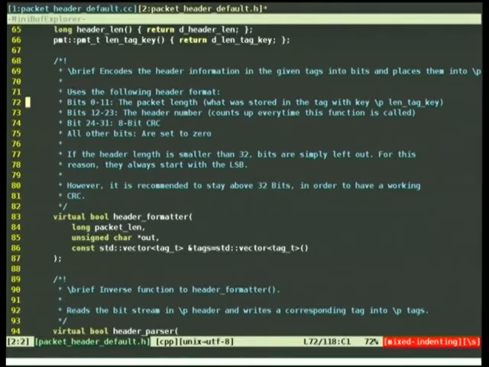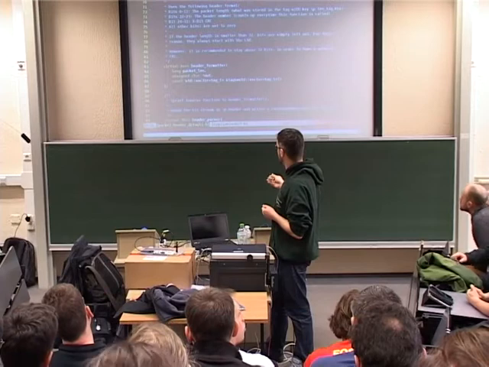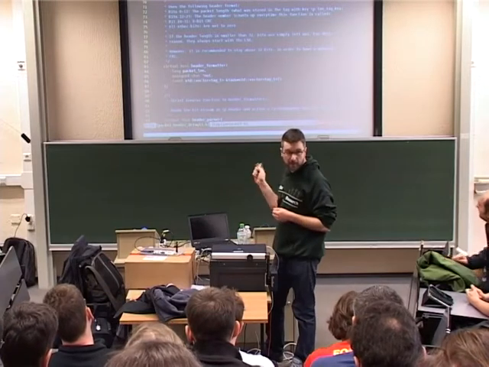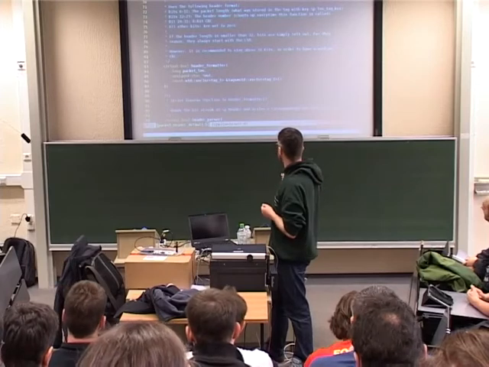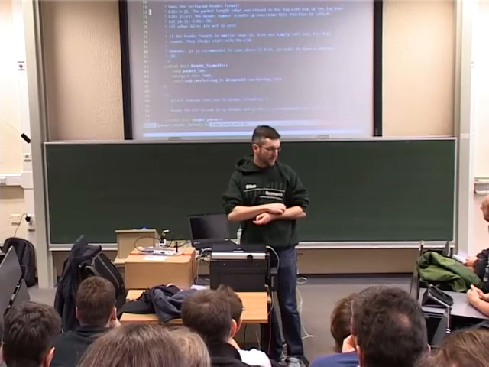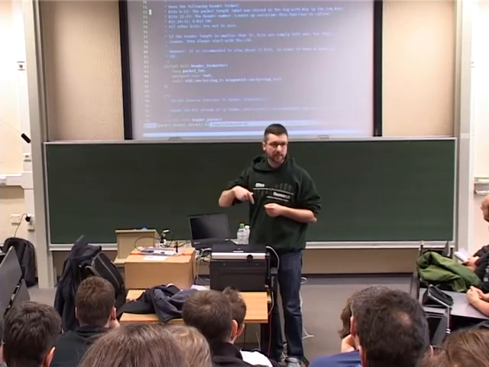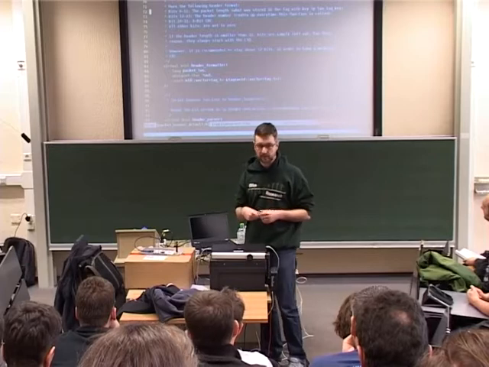It needs to know the packet length. It needs an output buffer where it can write the bits, and it'll operate on this vector of tags, and the tags are the metadata. You write stuff into the tags, but you can also read from the tags if there's stuff in there that was used previously.